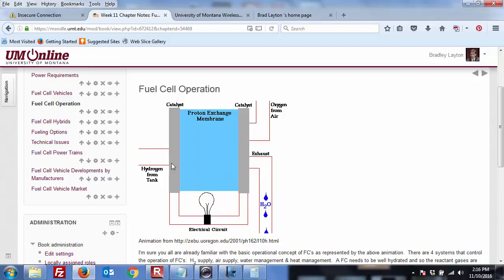The electrons are coming down through the circuit. It's a little light bulb light. In this case, the light bulb would actually be a motor, an electric motor. And then as this comes through, the combustion of hydrogen, here they come, and here come the oxygens, and then there's your exhaust.